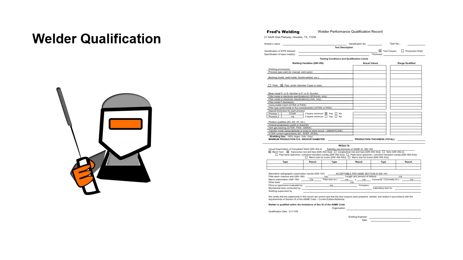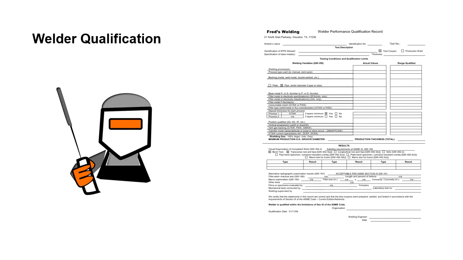But you write that in there, and then there's also, what's the organization, Fred's Welding, and then the welding engineer and the date. Or doesn't have to be a welding engineer. Who's the responsible party? Fred's just had a welding engineer, so that's why they've got that written in that spot on the form. But you can see this is the documentation used to keep track of welder qualification.